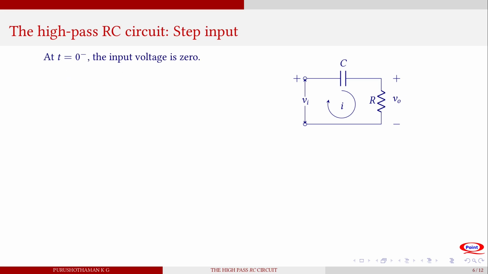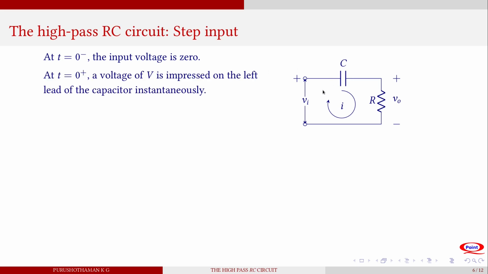Now in the current situation, at t equal to 0 minus, our input voltage was 0 because it was a step voltage. And at t equal to 0 plus, we suddenly impress a voltage of V at the left plate of the capacitance.